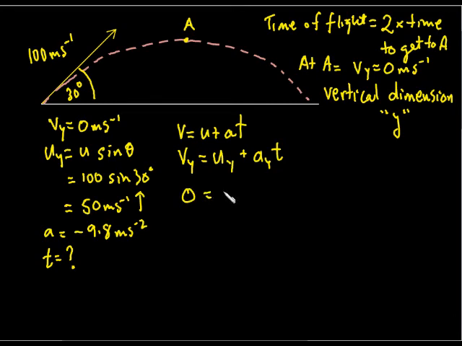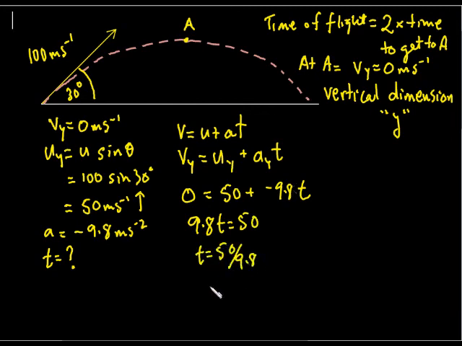We have 0 equals 50 plus minus 9.8 t. Move the minus 9.8 t to the other side, get rid of the negative sign. t equals 50 divided by 9.8, which is equal to 5.10 seconds.